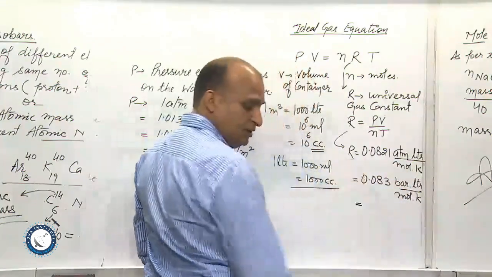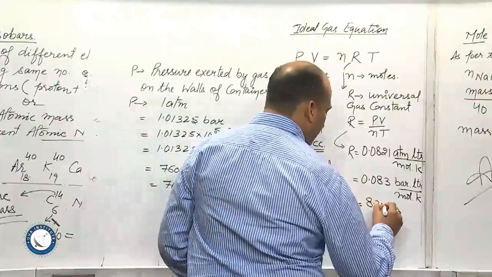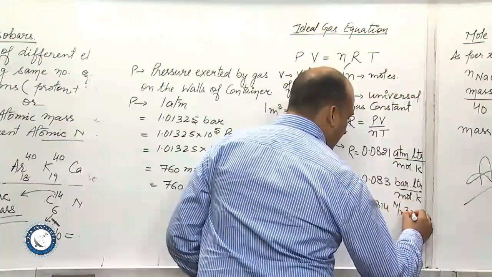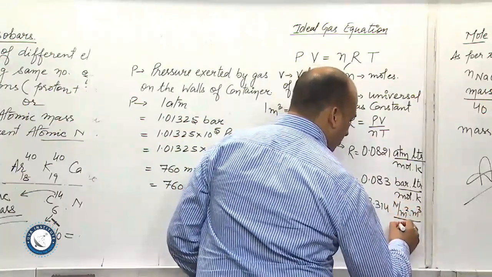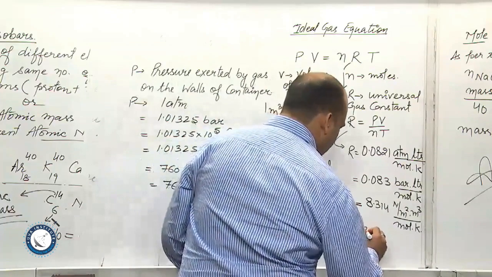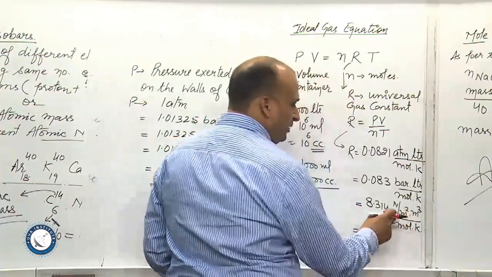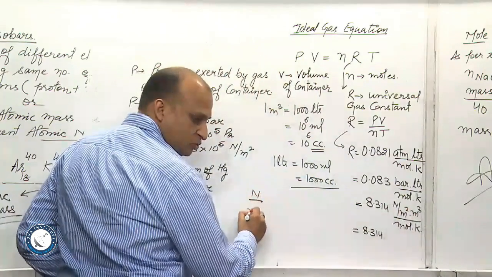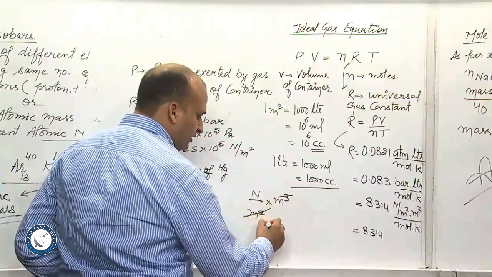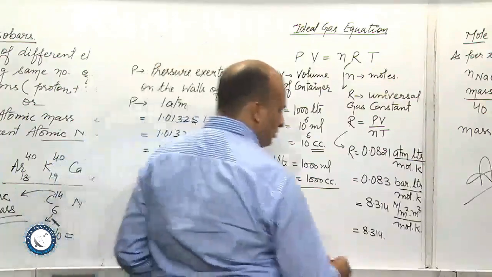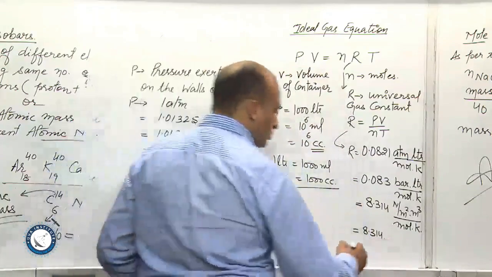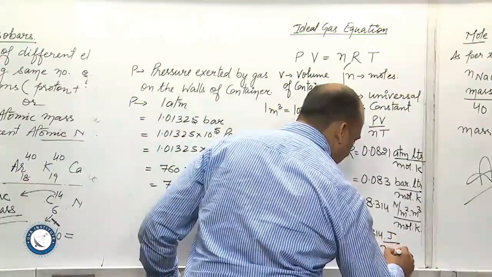And this becomes equal to 8.314 if the pressure is in Newton per meter square and volume is in meter cube, per mole per Kelvin. So this is 8.314. Newton per meter square into meter cube, the meter squares cancel, so you will get Newton meter. And 1 Newton meter is equal to 1 joule. So this is joule per mole per Kelvin.